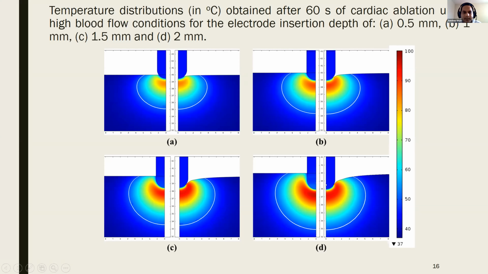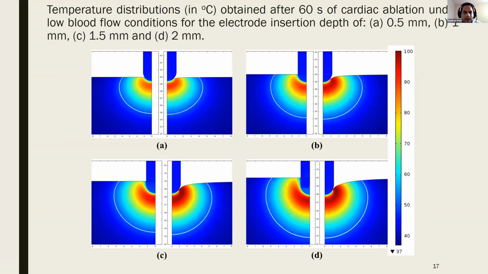Again, similar results have been obtained for the low blood flow rate condition, and for this condition the deviation is found to be close to 25%. So that means sharp insertion overestimates the ablation volume compared to when there is certain deformation at the surface. Apart from this, we have a fully coupled electrothermomechanical model.